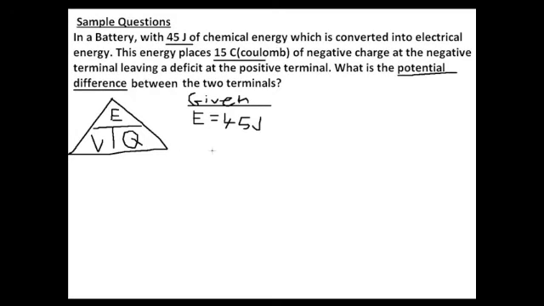Coulomb is the unit for charge, and Q is the symbol. So Q equals 15 C. And we need to find out the voltage. So what's missing is V.